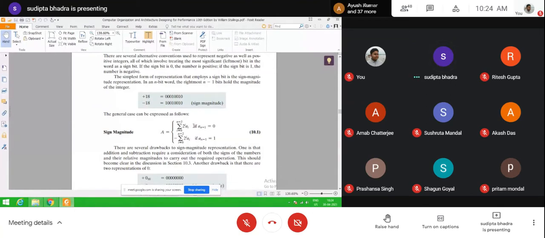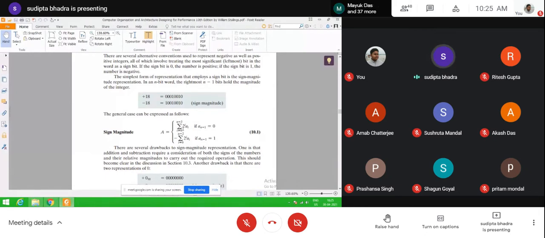In sign magnitude, the magnitude part is represented by the bits from A0 to A(n minus 2).